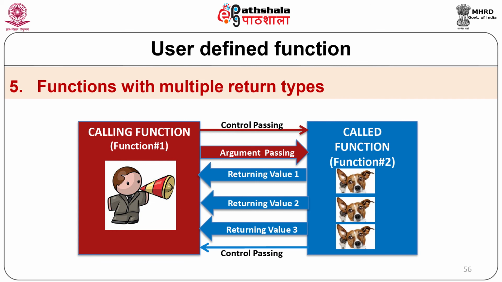The person, that is function 1, the calling function, calls the called function, and in the called function I have shown different images of dog. These 3 dogs are responding to the calling function. Here they are reacting to the calling function, and therefore in the image we have shown return value 1, return value 2, return value 3 to the calling function, and control passes back to the calling function.